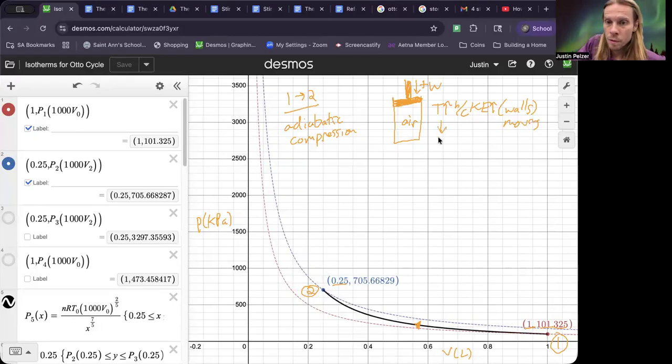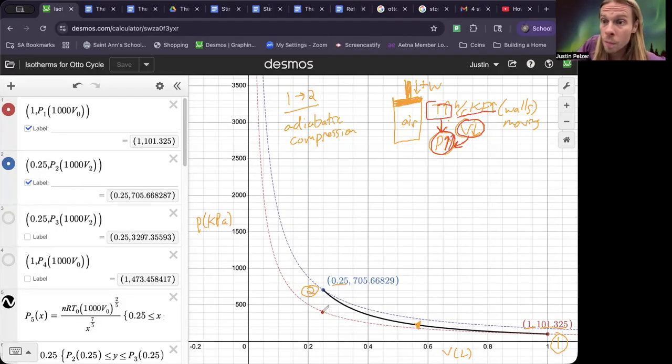Therefore, the pressure went up, but also the volume went down, and therefore the pressure went up. So the pressure went up doubly, for these two reasons. The temperature went up because of this, and the volume went down separately, thus both increasing the pressure. So the pressure doesn't increase just as an isotherm.